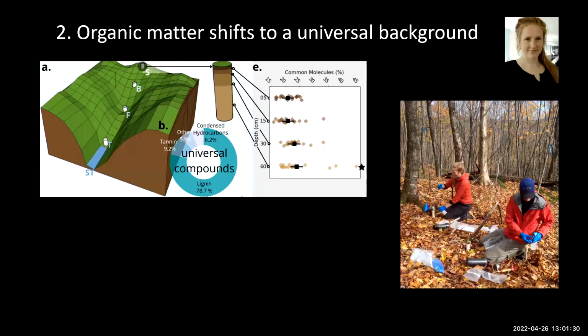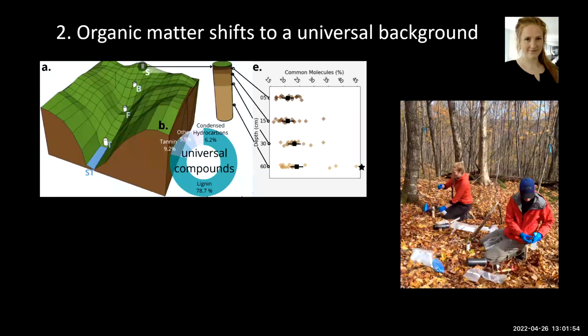And it turns out that it wasn't because more of these universal compounds were being produced, because we actually looked at their abundance, and it wasn't because they were necessarily resistant to degradation. In fact, we found that the molecules in this dissolved organic matter were actually getting larger in mass, which is known to happen when you have small plant-derived molecules like sugars.